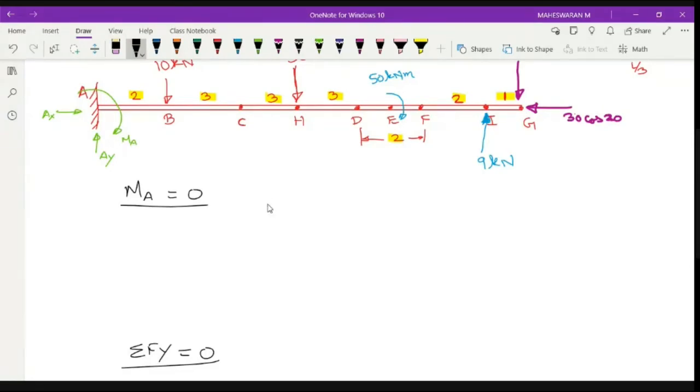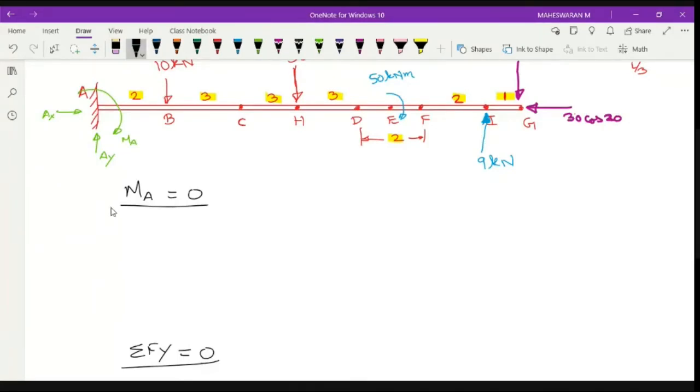Just for understanding purpose, I'm doing this. In your real examination, you don't need to do this because you know that moment at this point is 0. Whatever you multiply, there is nothing to identify. So I can identify what is the moment at A.